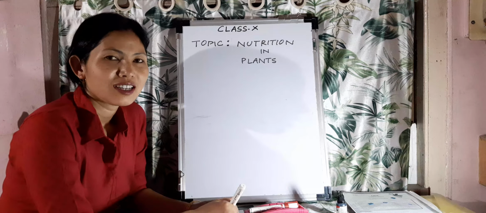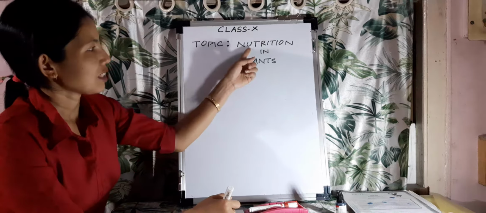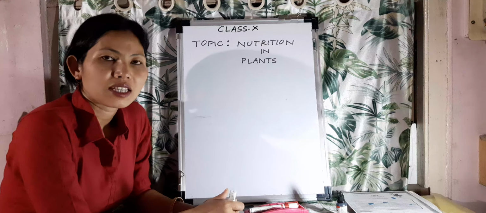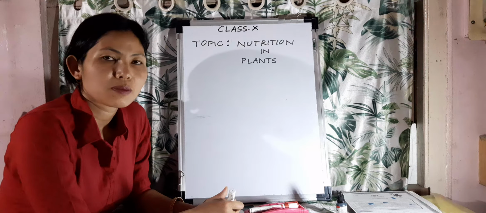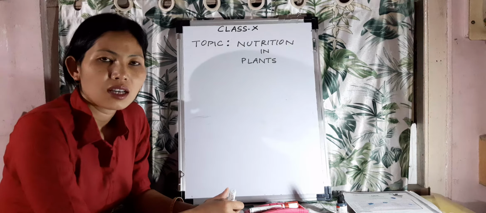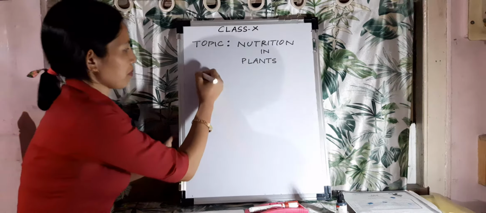Hello everyone. Today in this video we are going to learn about nutrition in plants. Plants are organisms that can synthesize their own food with the help of simple raw materials such as carbon dioxide and water, and the process is known as photosynthesis.